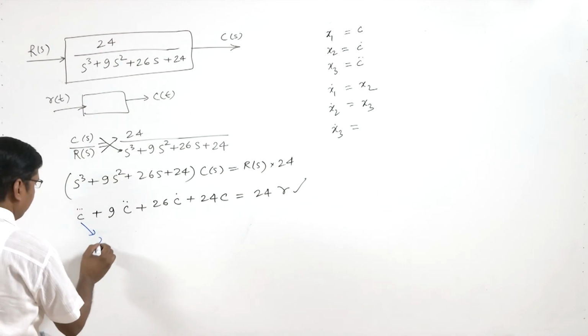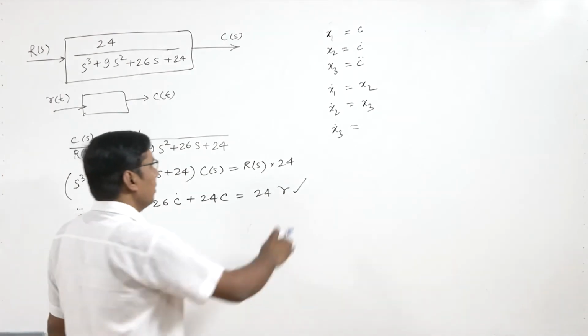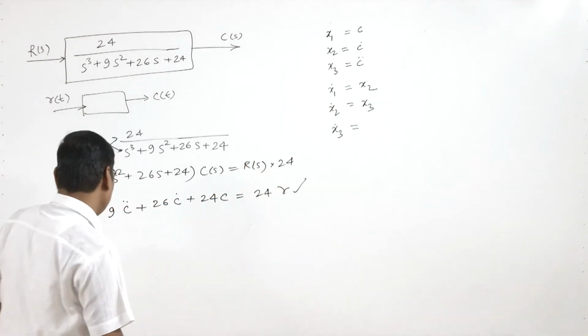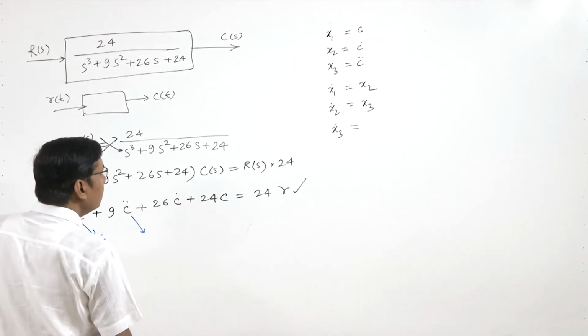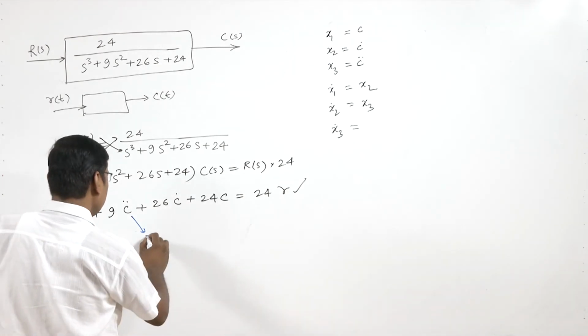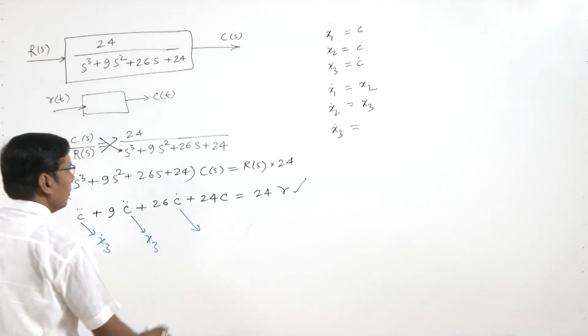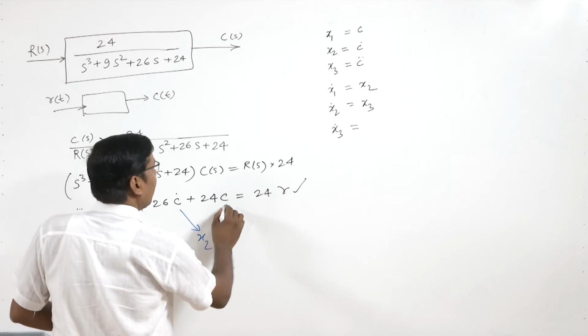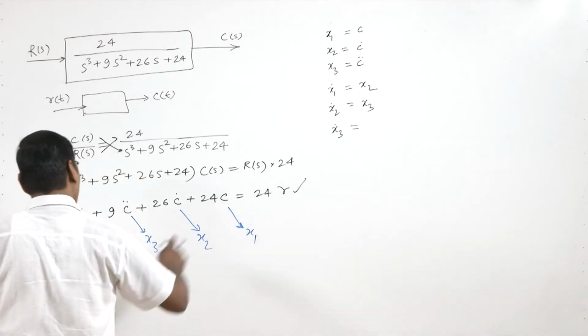This is x3 dot, because x3 dot is c triple dot, and this is x3, this is x2, and this is x1, and this is r.